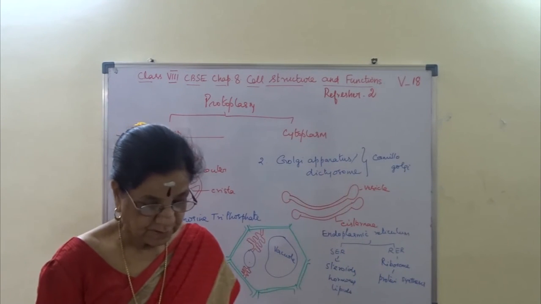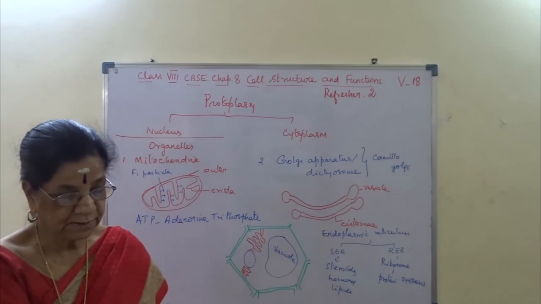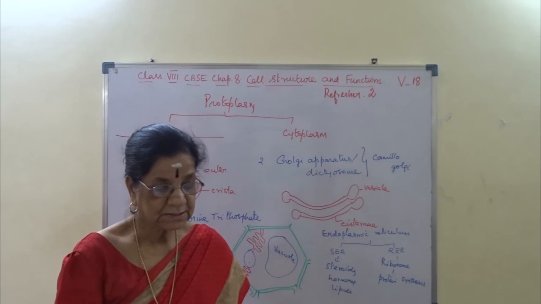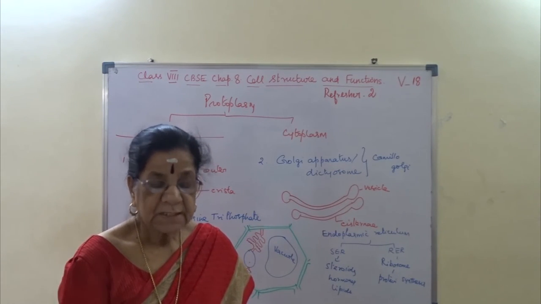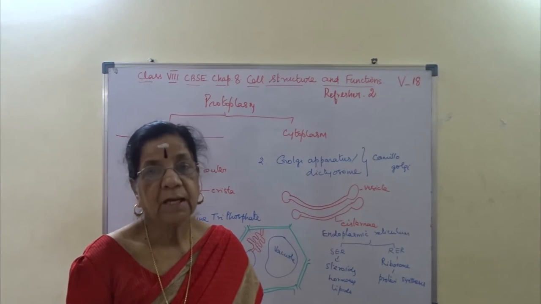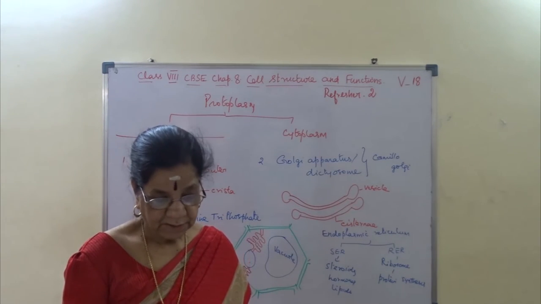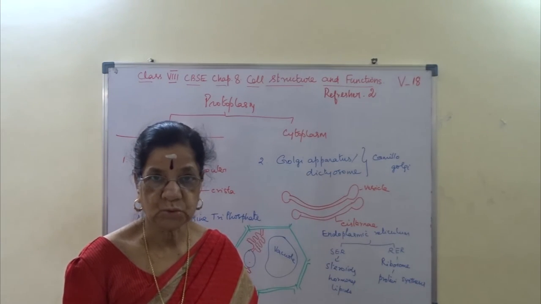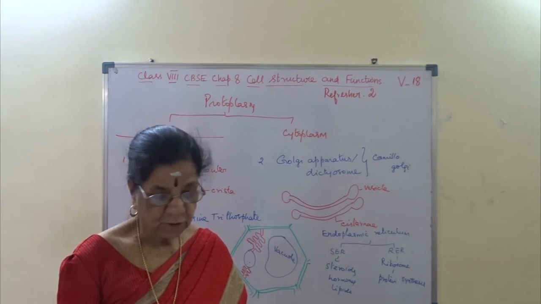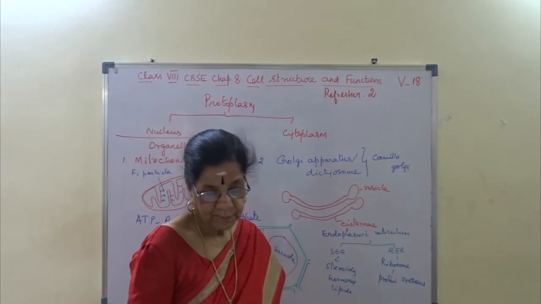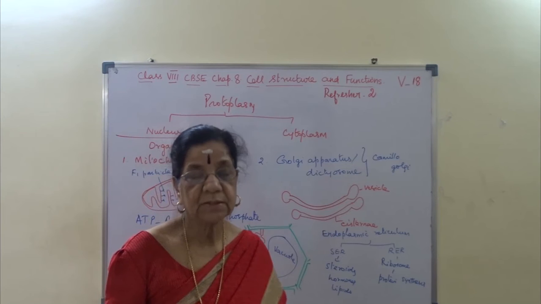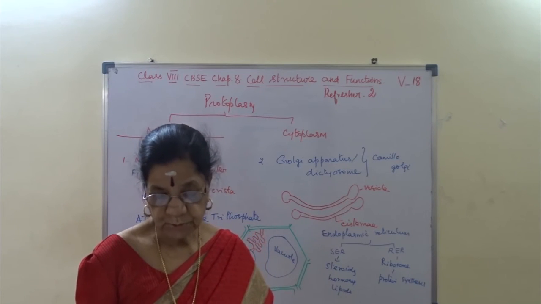So I repeat, the smooth endoplasmic reticulum is found in cells which synthesize steroids, hormones and lipids. The walls are smooth and form tubules. The rough endoplasmic reticulum synthesizes protein.